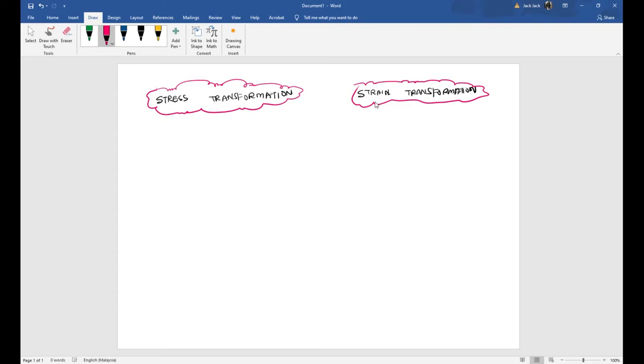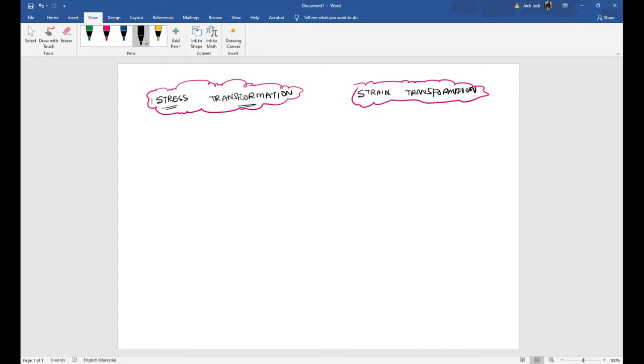If we notice, the keywords of this chapter are stress and transformation. So what does that mean? That means we are studying the stress characteristics on an object, which is transformed maybe due to the rotation of the xy axis.